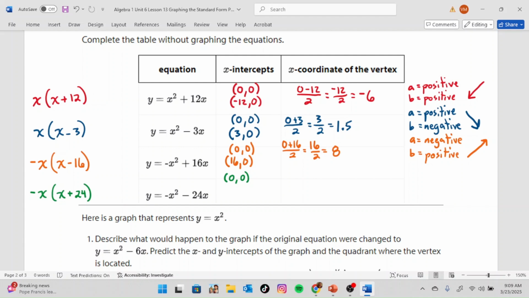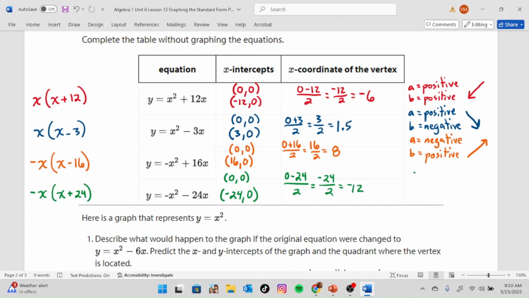And then if x plus 24 is set to 0, then x must be negative 24. So I have an x-intercept at negative 24, 0. My vertex, or the x-coordinate of my vertex, is going to be at 0 minus 24 divided by 2, which is negative 24 divided by 2, which is negative 12.